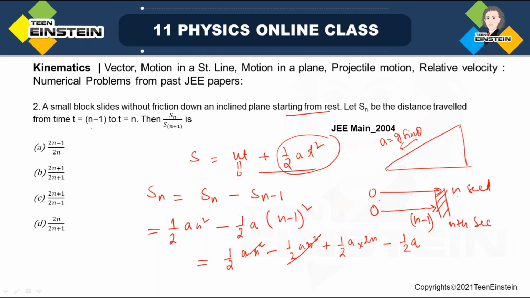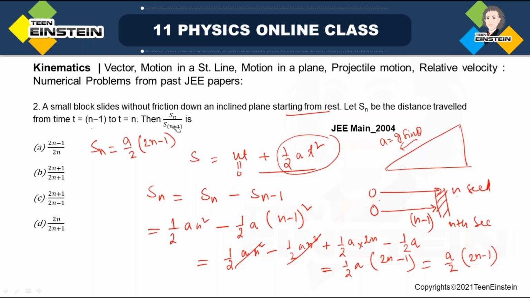So this 2 gets cancelled. So what we get? Half a, let us take common, you'll get 2n minus 1. So a by 2 into 2n minus 1, this is actually Sn. Somebody can just remember this formula to save time. You can remember this formula.